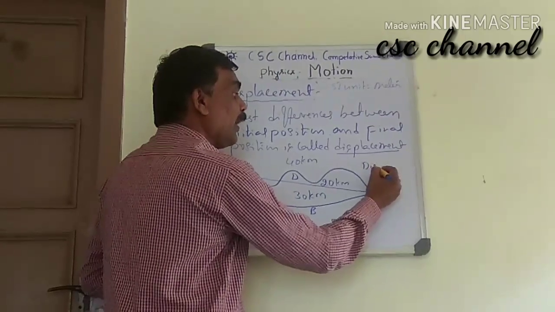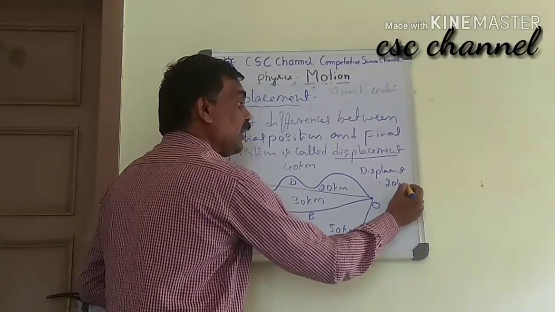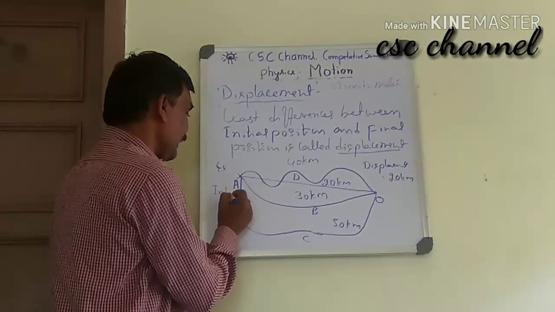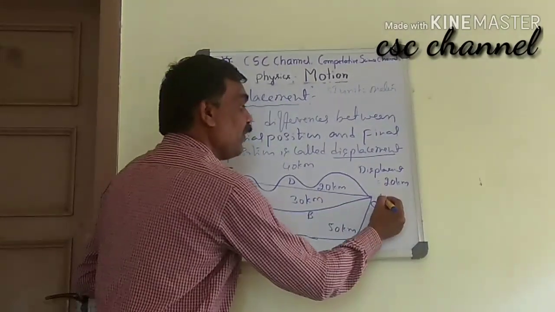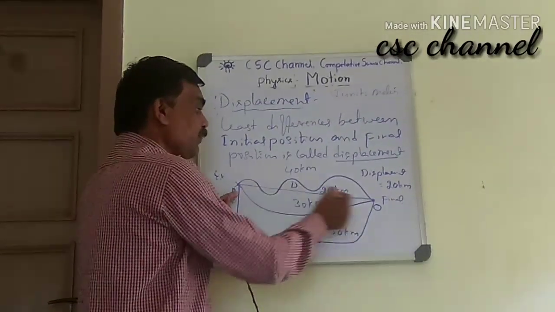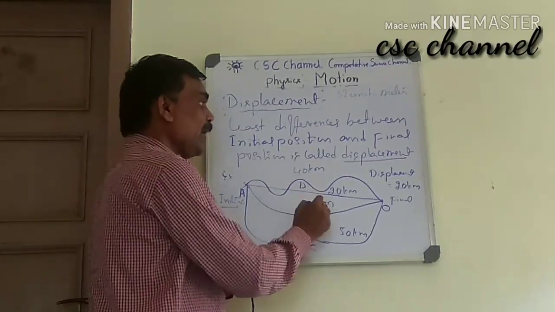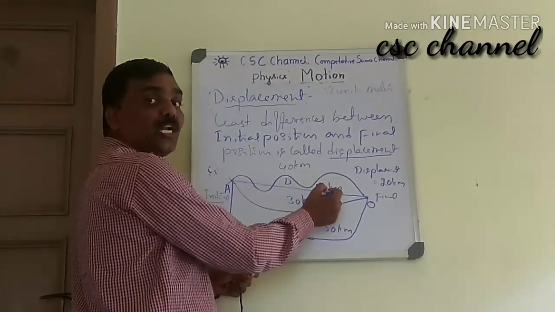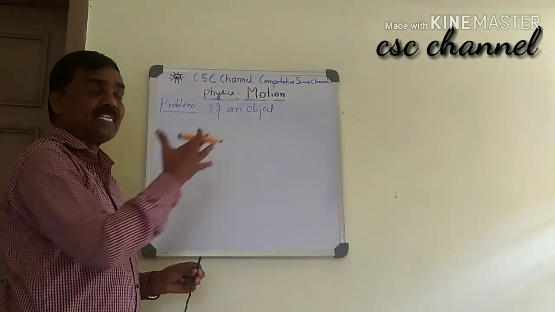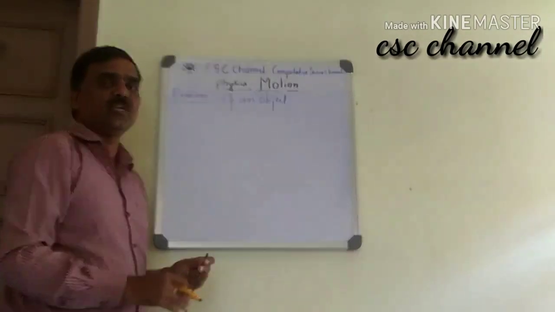But for all, displacement is 40 kilometer only, because the least difference between the initial position and the final position is 40 kilometer. Hence, the displacement is 40 kilometer only. We'll solve problems on distance traveled and displacement, which are most important for competitive examinations.